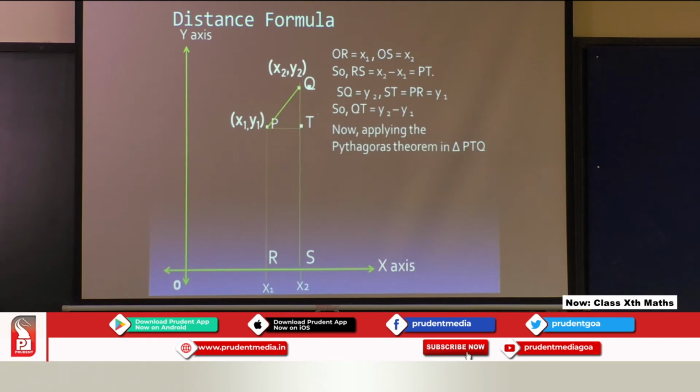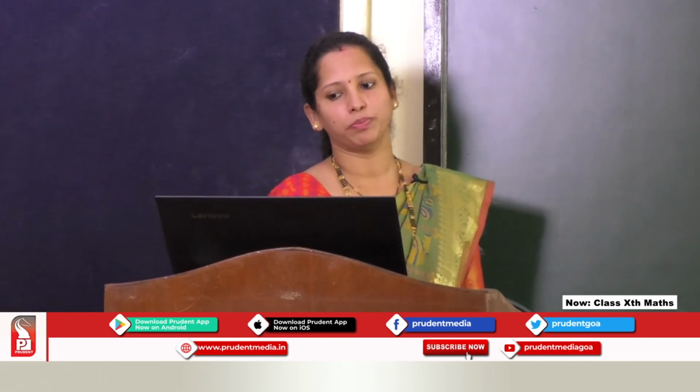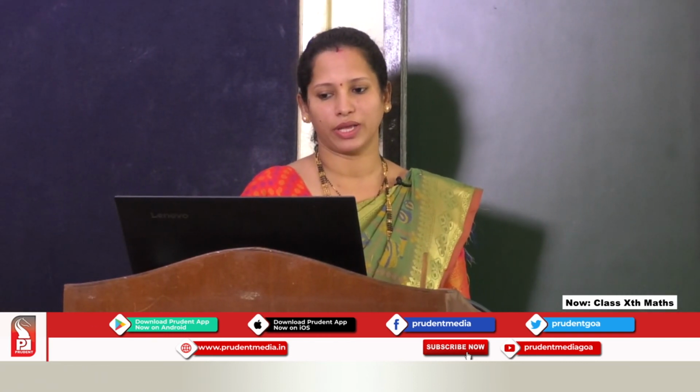Now applying the Pythagoras theorem in triangle PTQ, we got this triangle here, that is a right angle triangle. So we can use Pythagoras theorem again. PQ square is equal to PT square plus QT square.